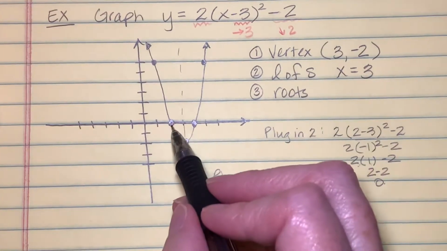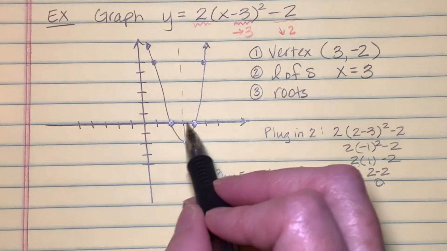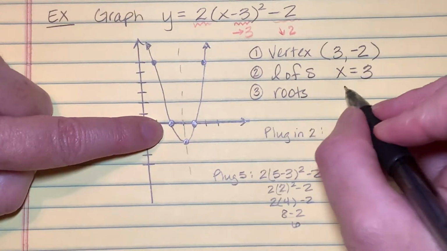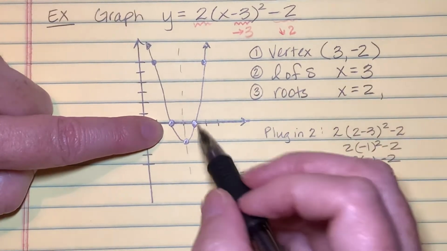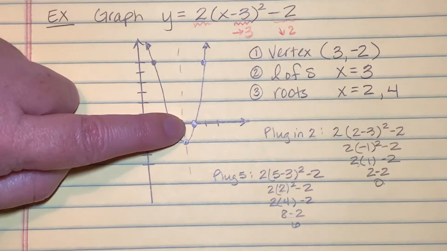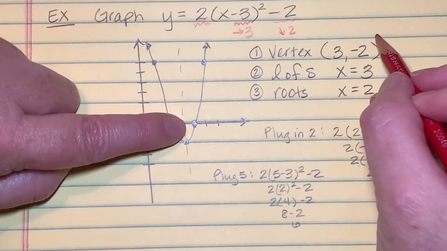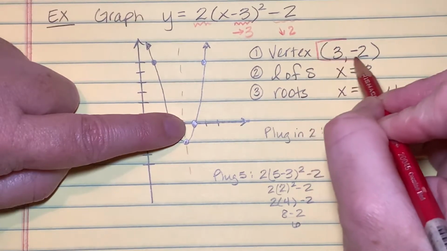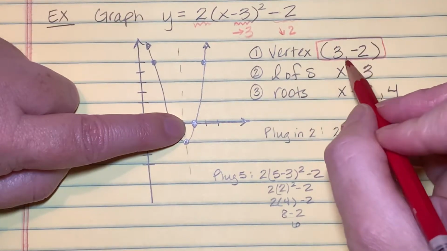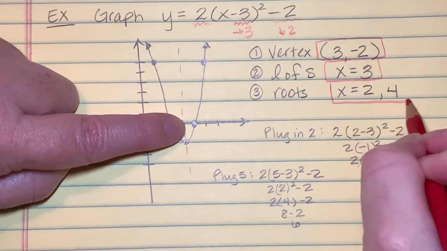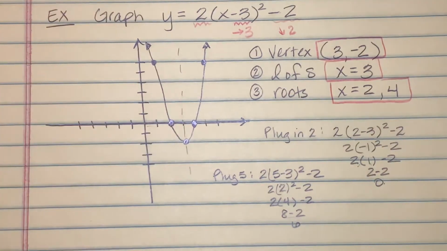So where does it cross? x equals 2 and x equals 4. And so these are the important things right here. You have a vertex at (3, -2), a line of symmetry at x equals 3, and roots at 2 and 4.